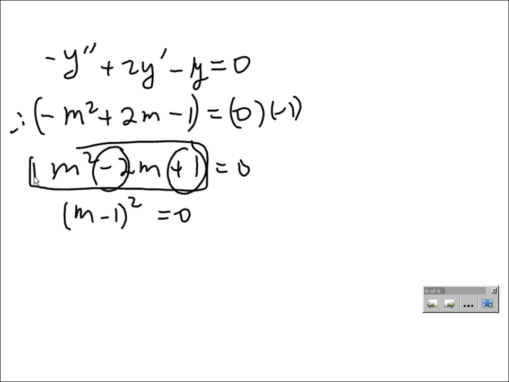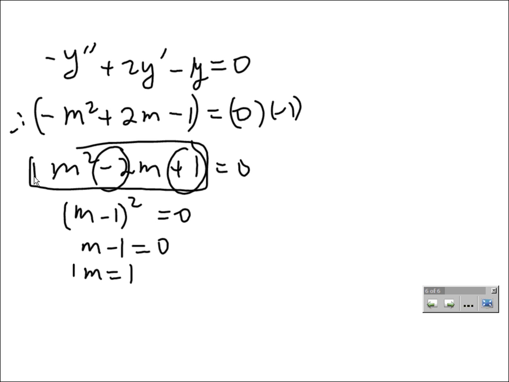Well, if you square something and you get 0, you have to be squaring 0. 1 times 1 isn't 0, a half times a half isn't 0, 3/4 times 3/4 is not 0. 1 minus 1 might be 0, but 1 times -1 is not 0. m minus 1 must be 0. So m is 1.